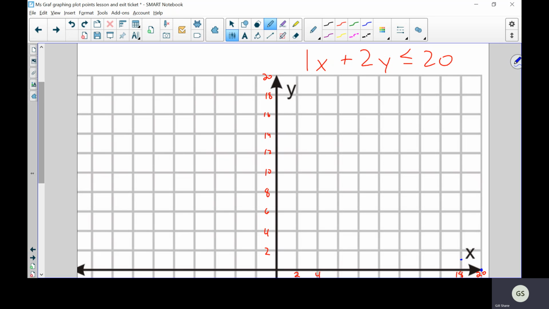So 2, 4, 6, 8, 10, 2, 4, and then 5 right there. So that would work. What else? A whole bunch of them. At least give me one more that I'm thinking of. Yeah, we could just buy all honey buns, right? 10 honey buns is $20.